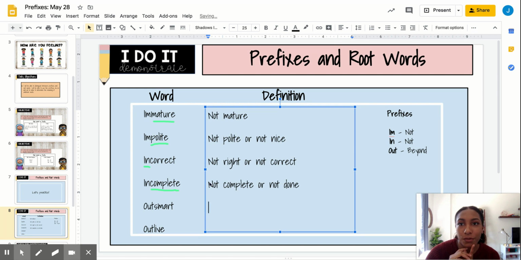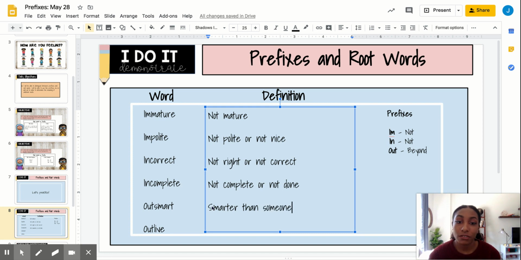How do we want to word that? Let's think. Let's kind of phrase it like you're smarter than someone, or you were able to outsmart, you were able to be smarter than someone.